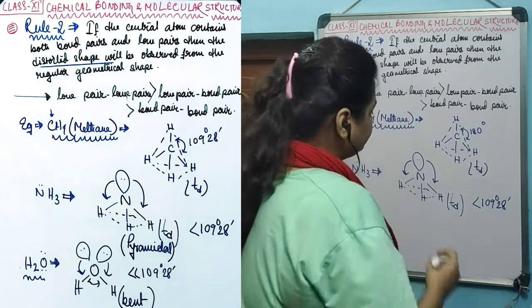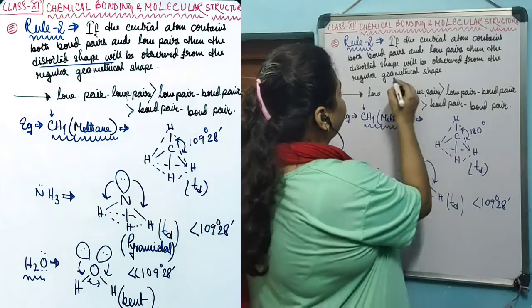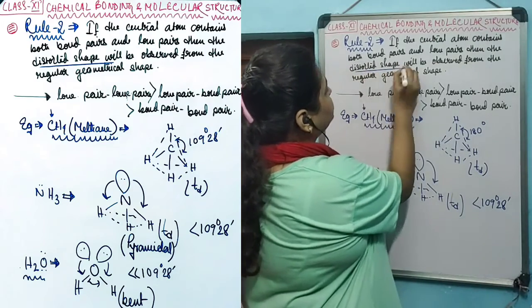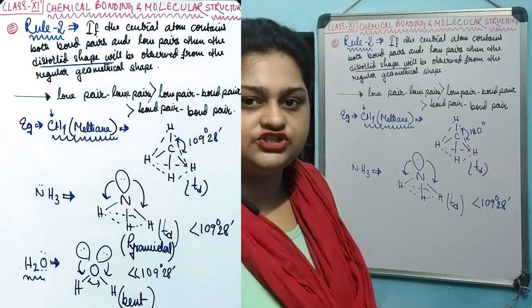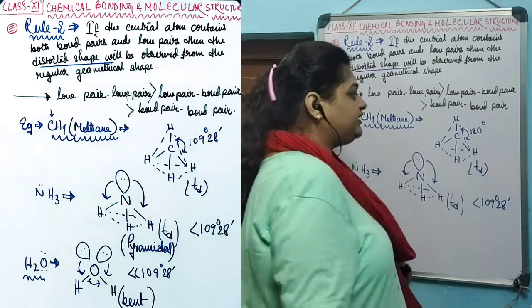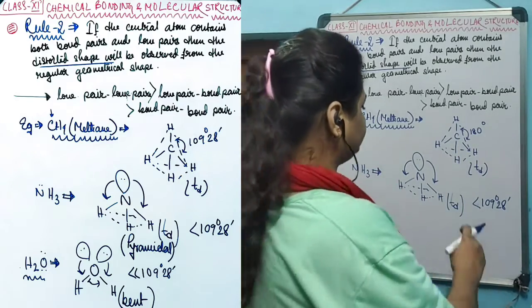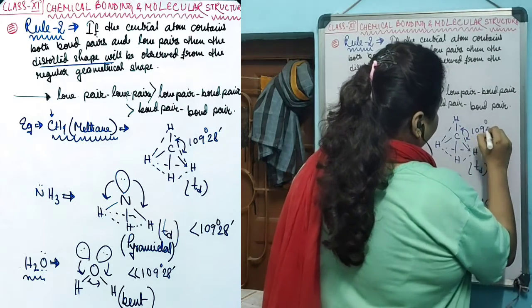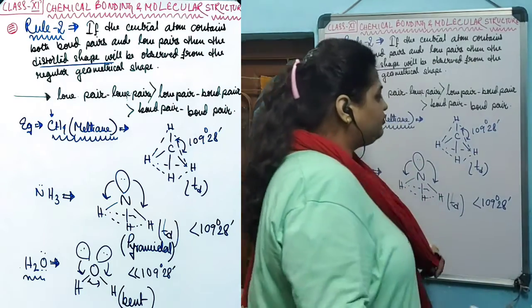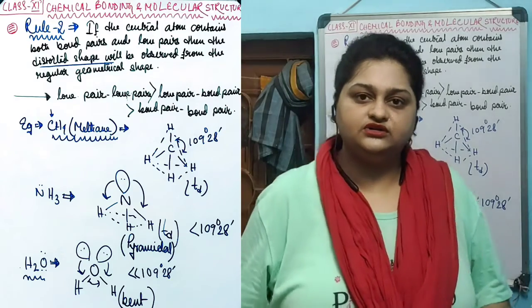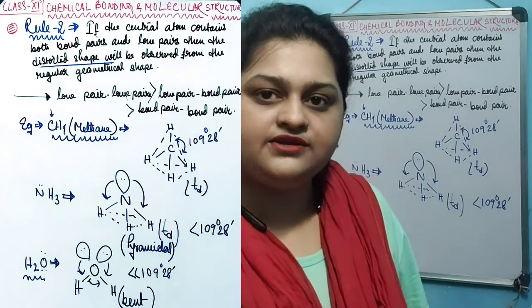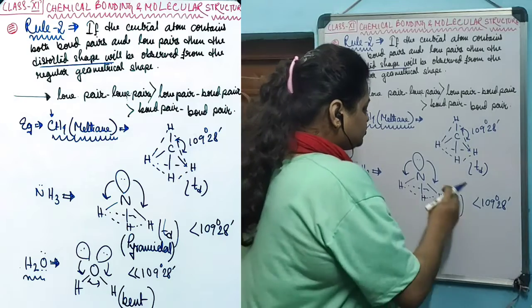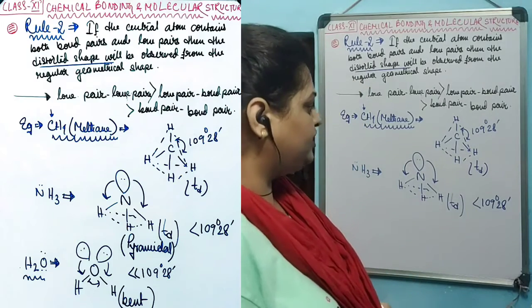This structure is known as distorted tetrahedral structure, in which, in a regular tetrahedral shape, the angle was, sorry, not 108 degree, 109 degree 28 minute. The regular bond angle in a regular tetrahedral structure is 109 degree 28 minute, which is not the case for this ammonia molecule.